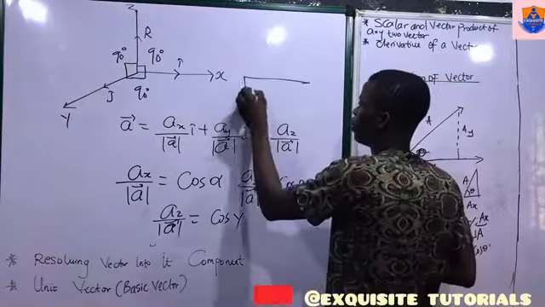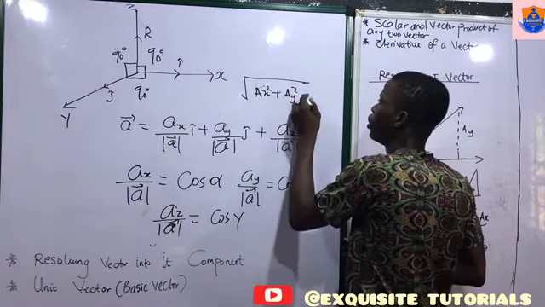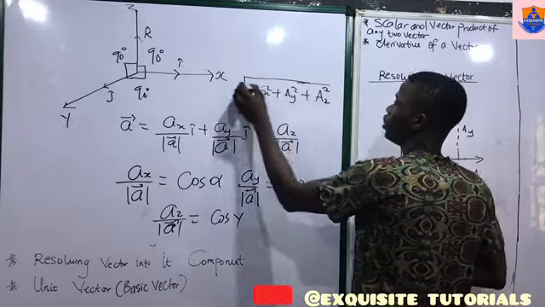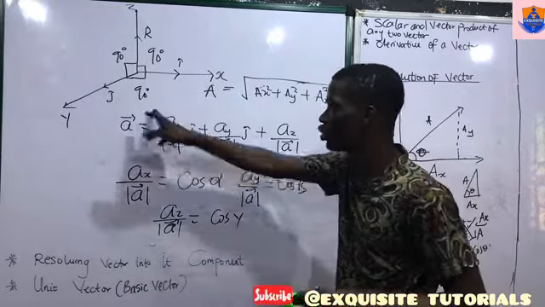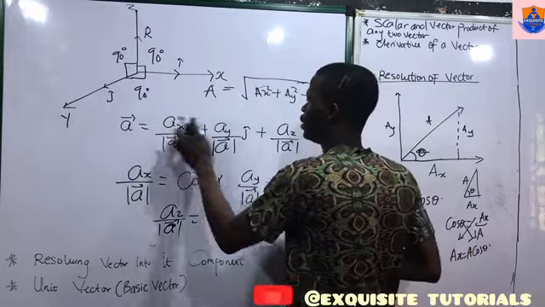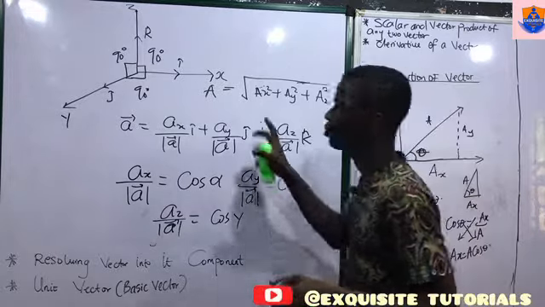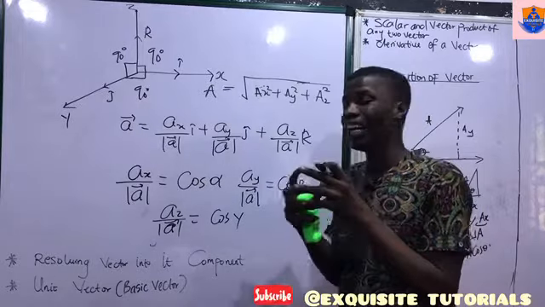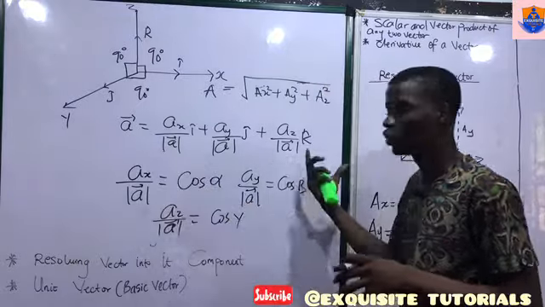The magnitude, I told you, is the square root of A of x squared plus A of y squared plus A of z squared, which is equal to the magnitude of the vector A. So if I am trying to get the magnitude of this vector, I will just take the square of this one, this one, and this one. If I take that, I am going to get the magnitude of this vector. So for a unit vector, the magnitude is definitely equal to 1 at the end of it.